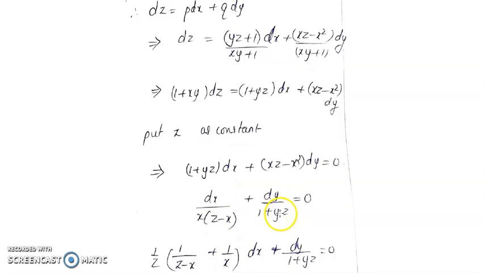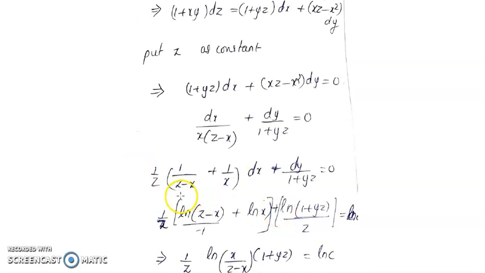Now the first term I can write as a partial fraction. So I can write it as 1 by z, z is constant, 1 by z into 1 by z minus x plus 1 by x dx plus dy by 1 plus y. This will be a linear term in y.